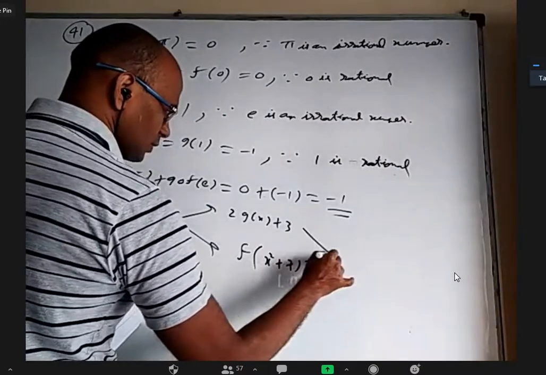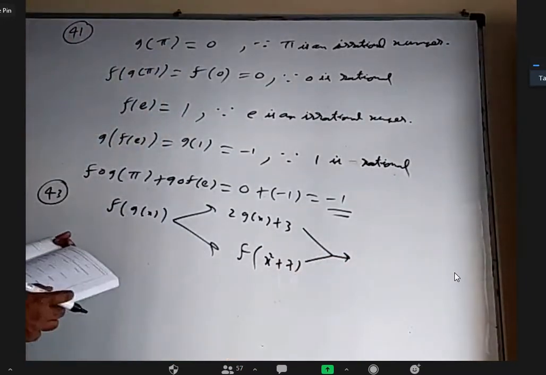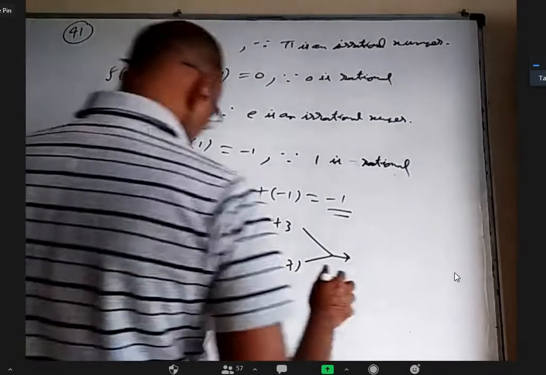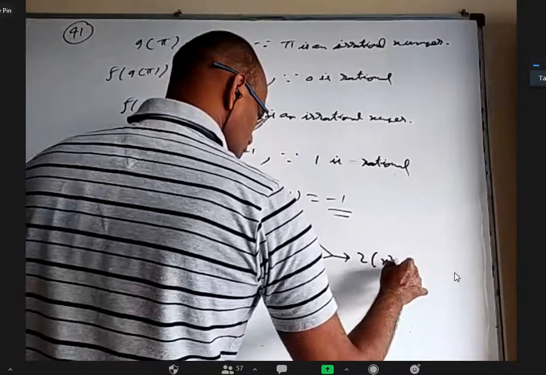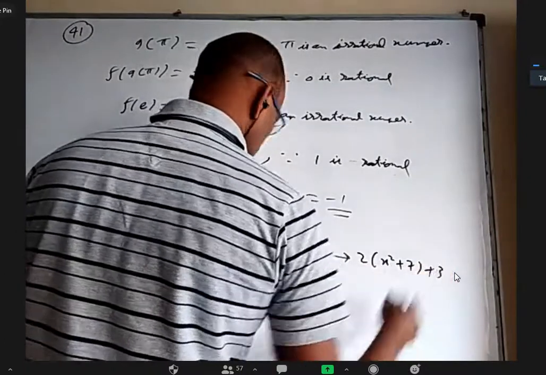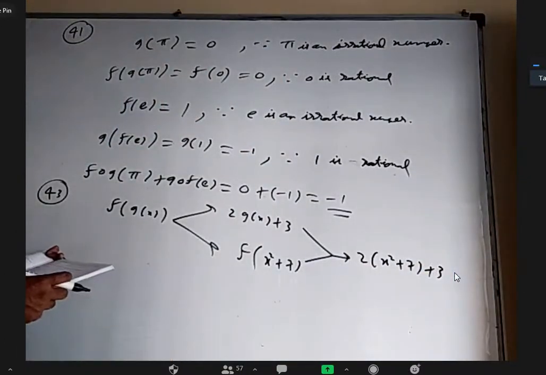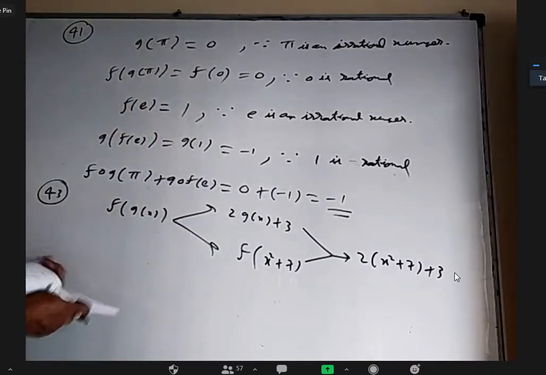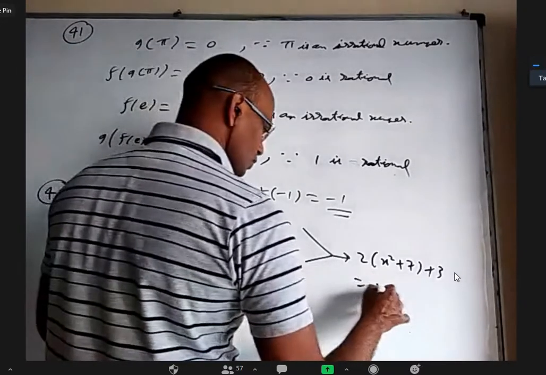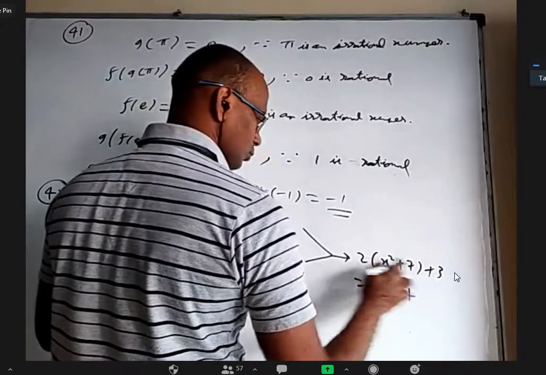Both will give the same answer again. What is that? 2 times x square plus 7, plus 3. So that is 2x square plus 17.